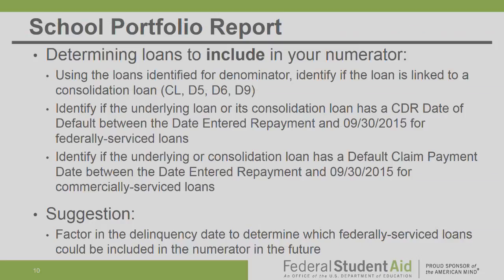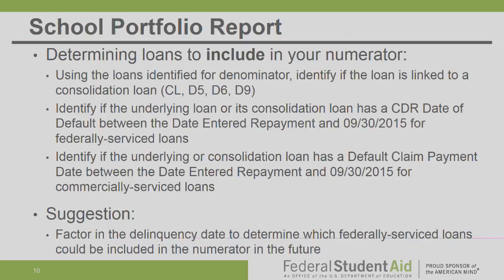So the cohort default rates are loans that enter repayment in 1 fiscal year or cohort year, and then default either in that same fiscal year or in the 2 fiscal years following. So after we've identified loans that entered repayment in our fiscal year, now we're going to see, do these loans have a CDR date of default within that fiscal year or the 2 fiscal years following?